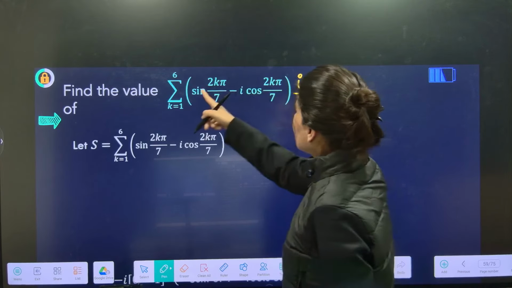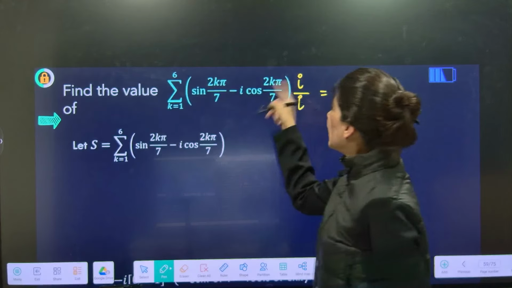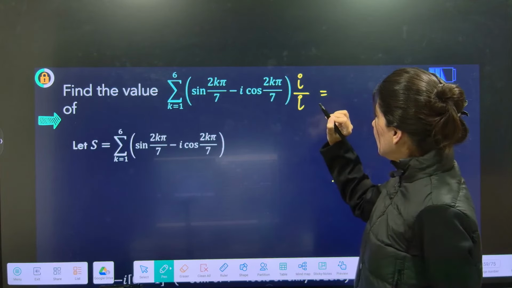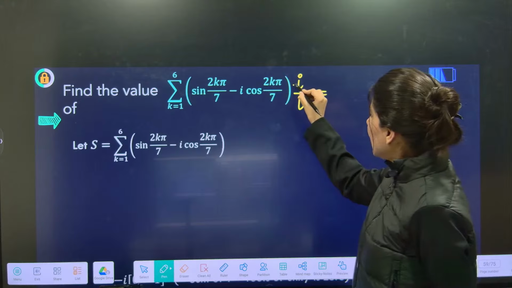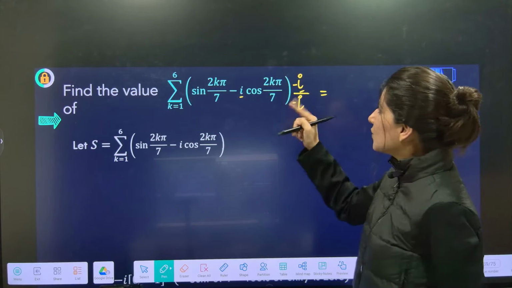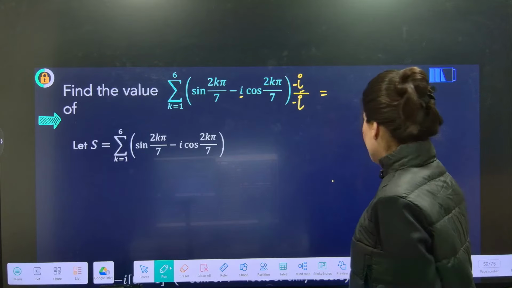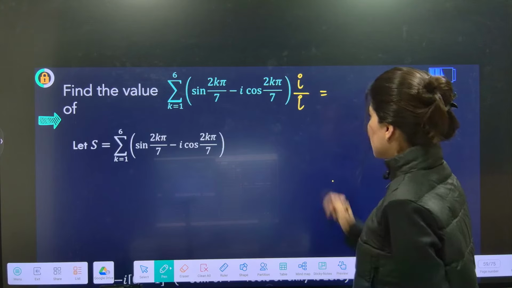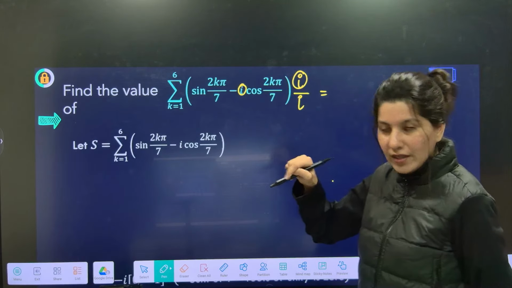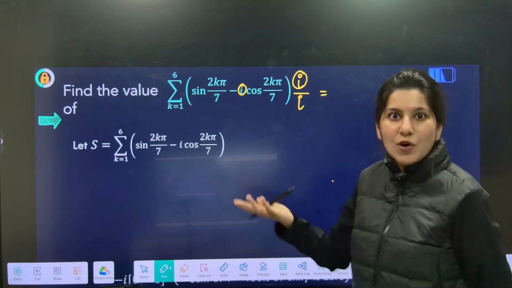So this is going to be iota, iota, iota square. In fact, I need to multiply minus iota by minus iota. Why? Because iota square is minus 1, and there is a negative sign, so we want plus cos theta.